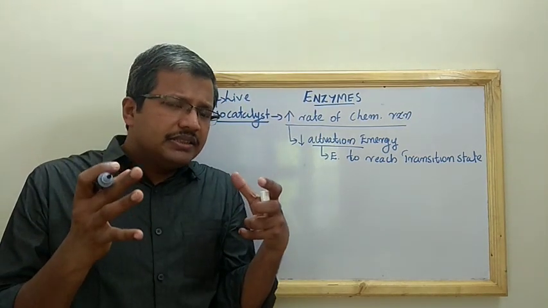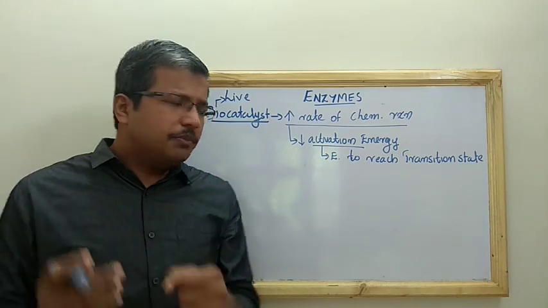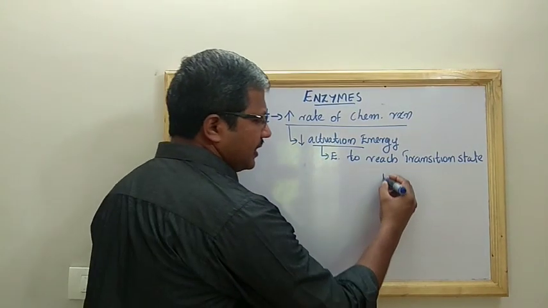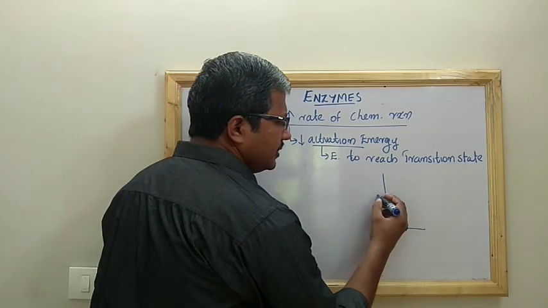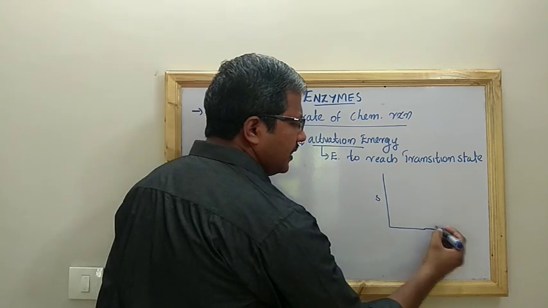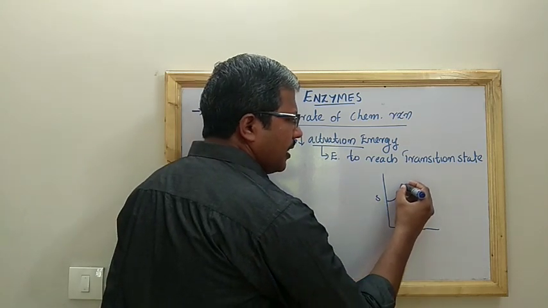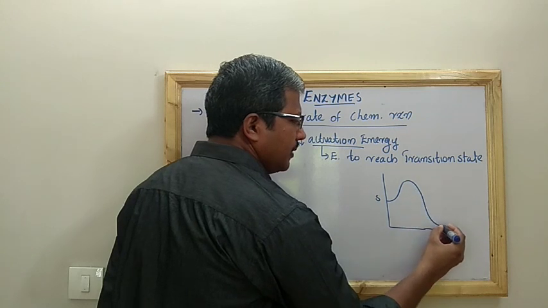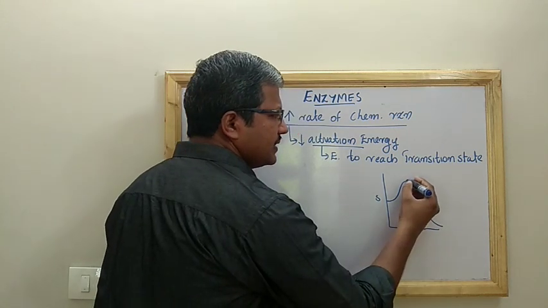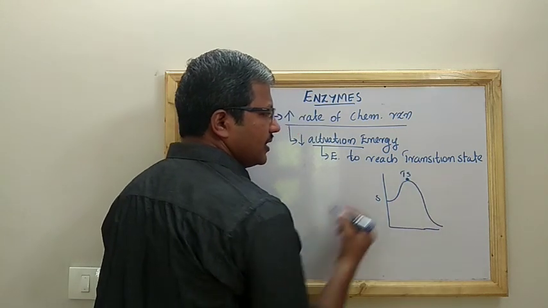So it is a high energy state in between substrate and the product. If you represent it in a graph, you can see that there is a substrate, and this substrate will go up and then come down, and this is the transition state.